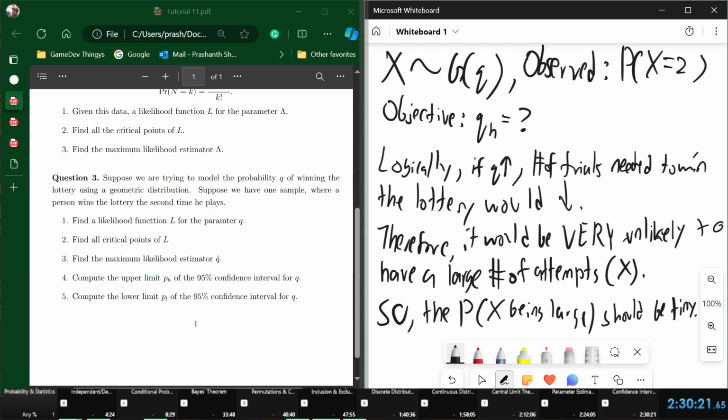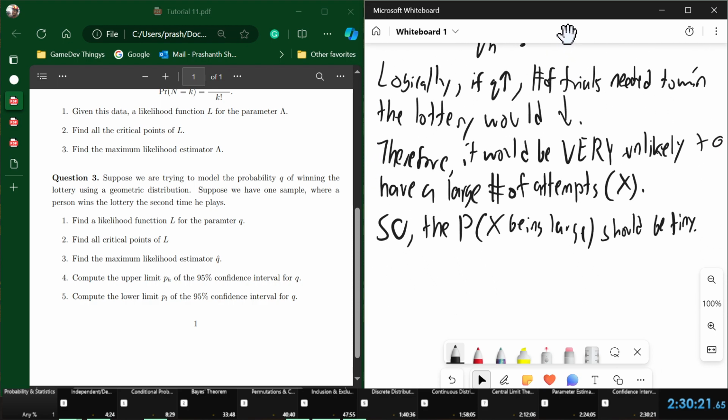So that means, okay, the confidence interval is 95%.